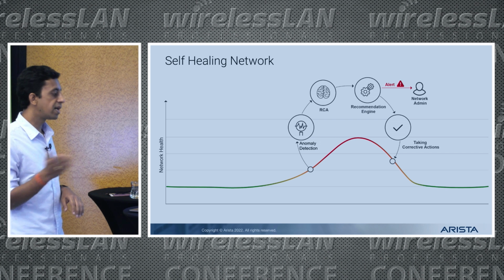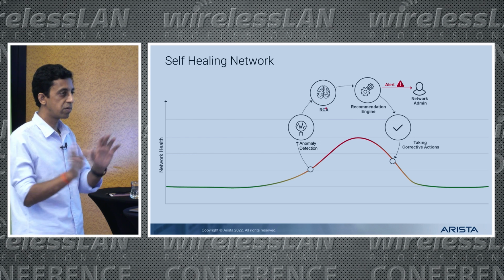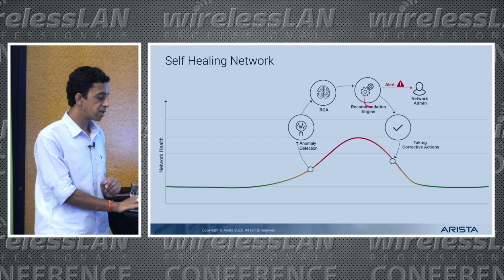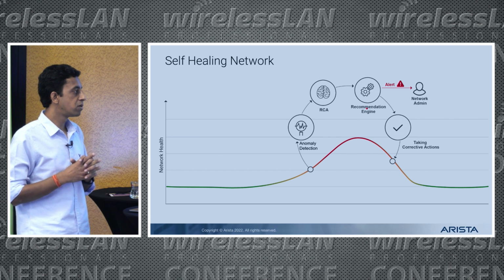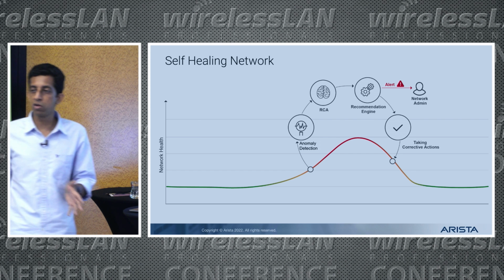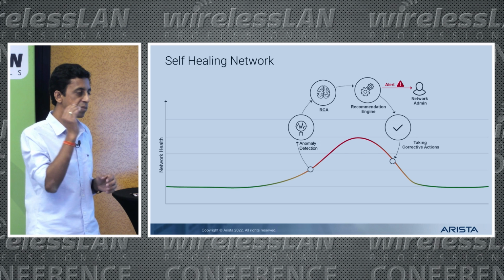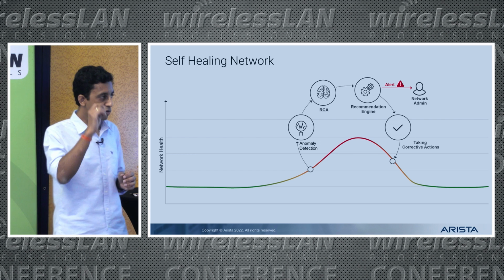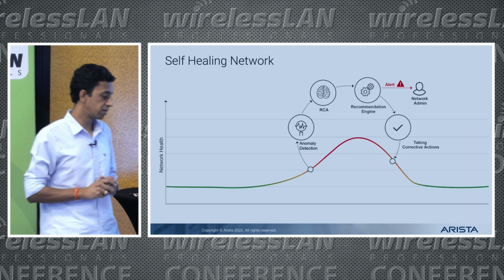Now you want to understand why that issue is, and then once the RCA tells you, okay, out of 15, 20 possible issues, these are the 2 that are responsible for this anomaly, you run that through the recommendation engine and maybe send an alert to the administrator, which not only tells the administrator that something is wrong with your network, that's not good enough. You tell them, okay, we did the RCA, something is wrong with the network, and this is potentially why this is happening. And you also tell them, okay, you can mitigate the issue with these 2 actions.